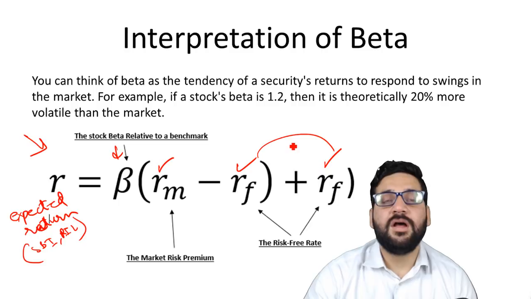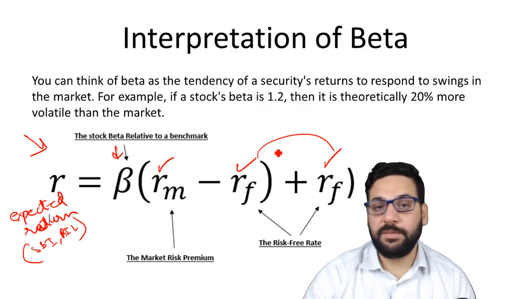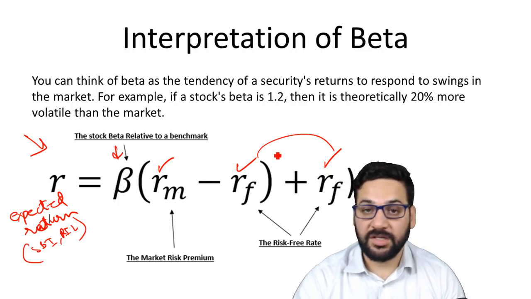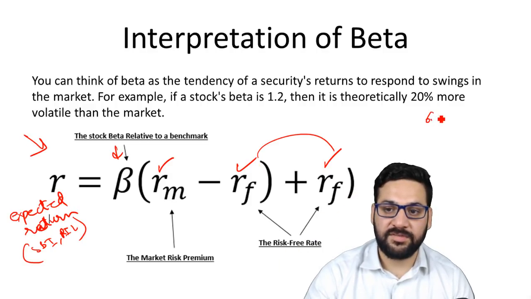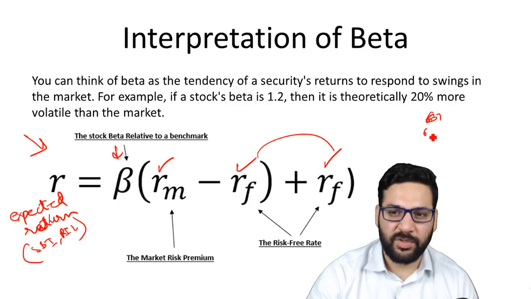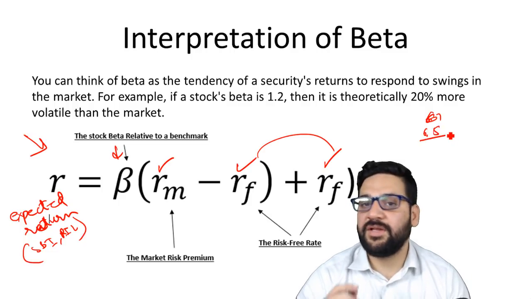It is the return from government bonds, government securities. If it is, let's say, 6.7, right now I think it's 6.5, then this is the risk-free return.